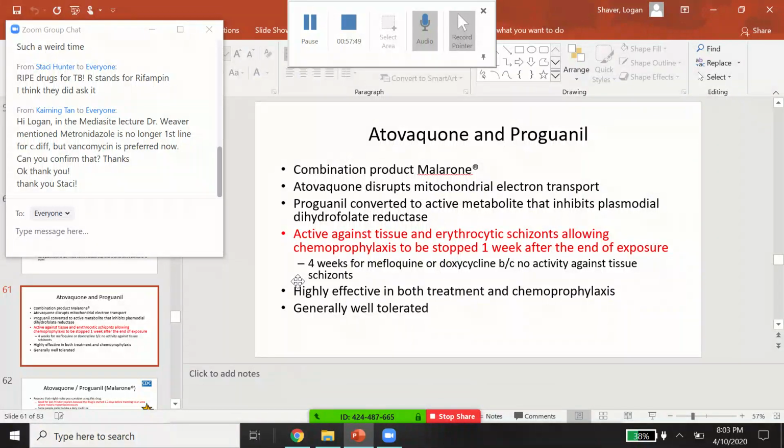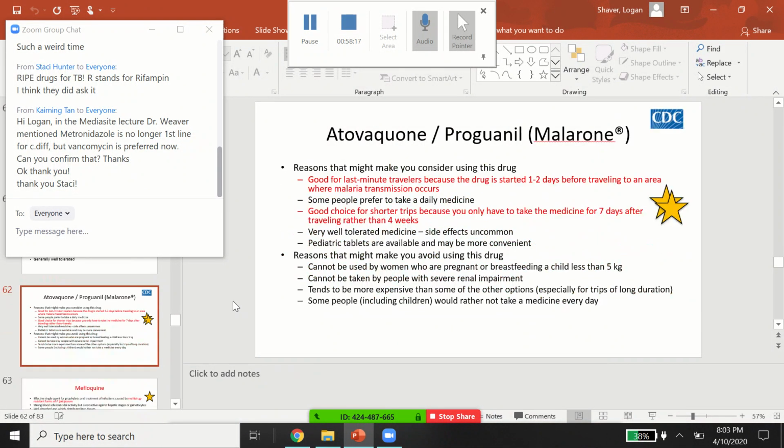All right. Then you have atovaquone and proguanil. So these are active against tissue and erythrocytic schizonts, allowing chemoprophylaxis to be stopped 1 week after the end of exposure. What this means is that it's allowed to end short, instead of having to continuously use this drug for a while after you've had exposure, like a lot of those other drugs will do.